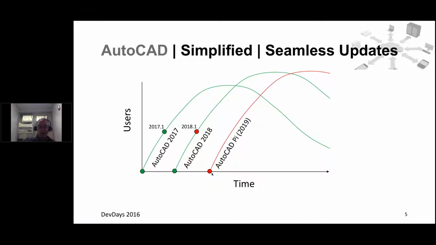So the situation we're in now is this. The green dots show you basically what is definite. The red dots show what we expect, but of course, being a future-looking thing, it's possible things may change slightly. What we definitely have done is we've given you a point update on AutoCAD 2017, and I think it's fair to say at this point in the development cycle that we're definitely going to be releasing AutoCAD 2018 in the usual time period in late March, and we plan again that we will have a point update to AutoCAD 2018.